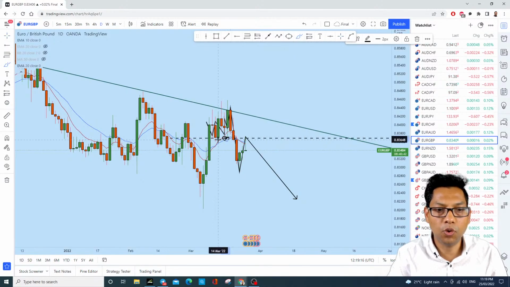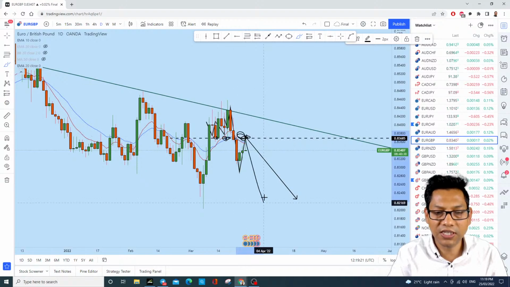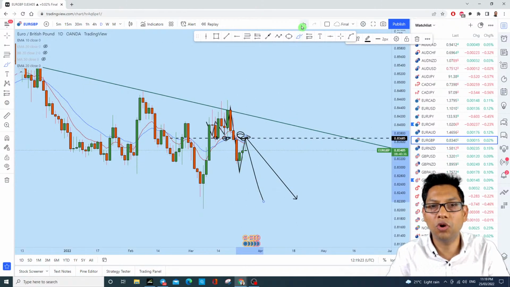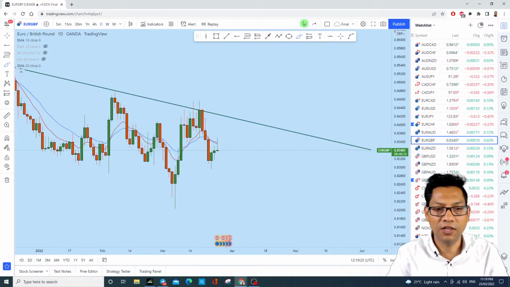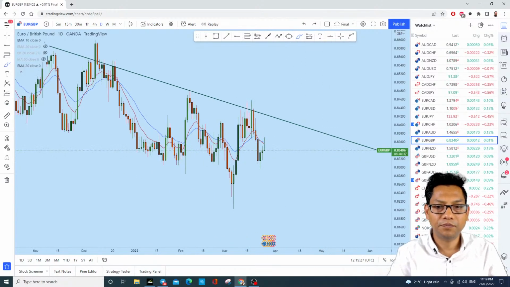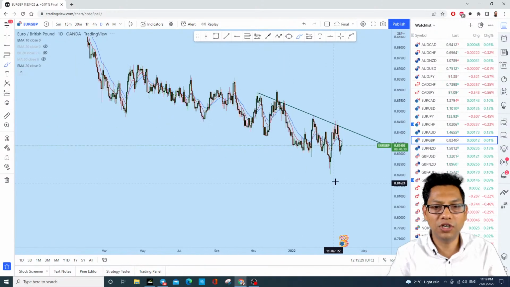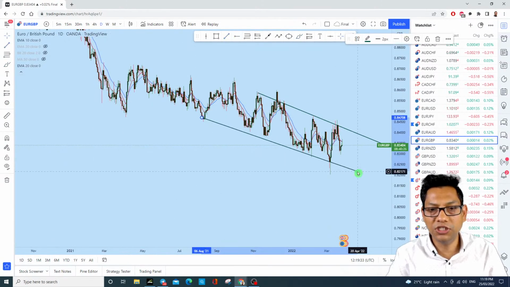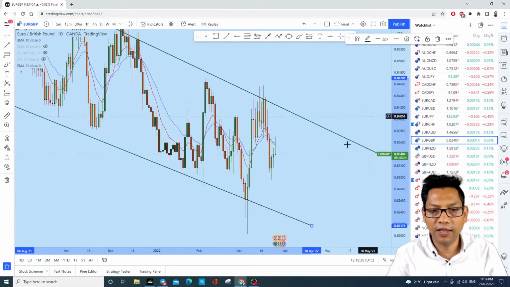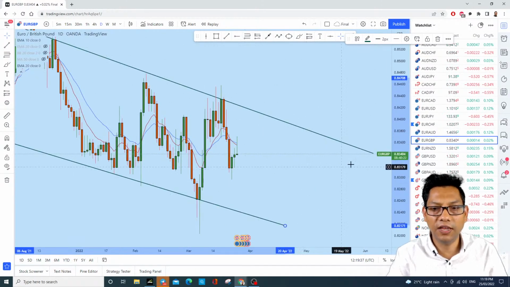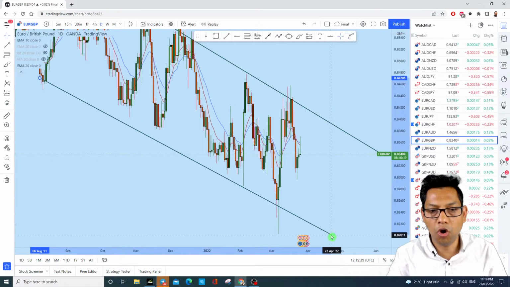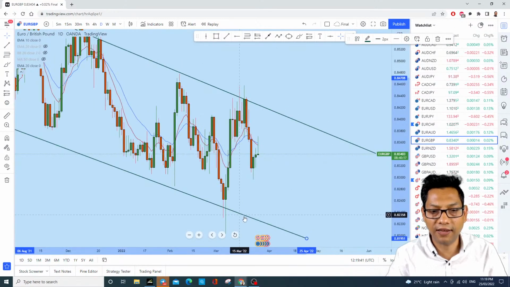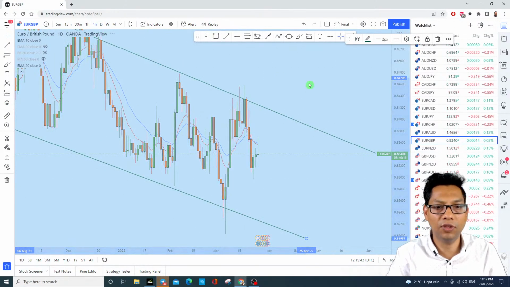There is a support here, and it just tested this support as a resistance, and see how strongly it is being rejected. So with that being said, because it is a long-term downtrending market, let me draw the lower channel. This is the lower channel, and I strongly believe that Euro GBP will drop to the downside, at least to this level. Let's see the 4 hour.